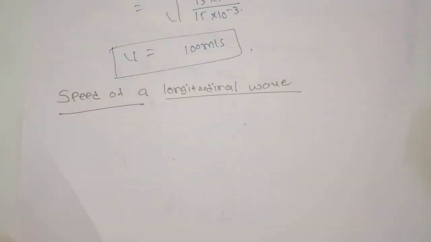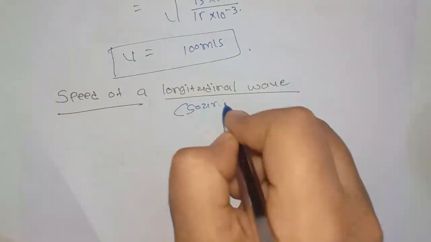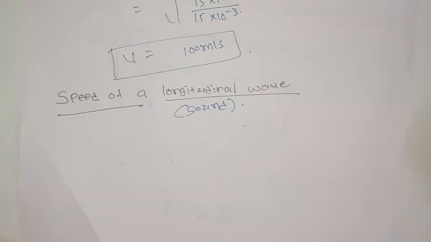Now let us see the speed of longitudinal wave, that is speed of sound. In longitudinal waves, the constituents of the medium oscillate along the direction of wave propagation. The speed of a longitudinal wave also depends on the inertial property as well as the elastic property of the medium.